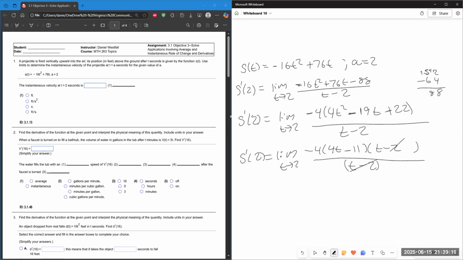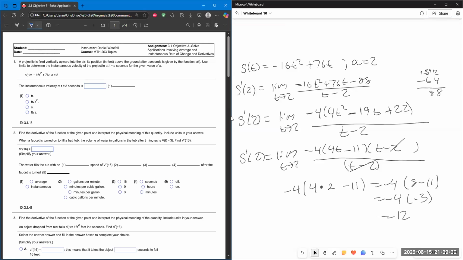Negative 11 minus 8 is negative 19. So this is negative 4 times 2 times 4 minus 11. Negative 4 times 8 minus 11 is negative 4 times a negative 3, which is a positive 12.